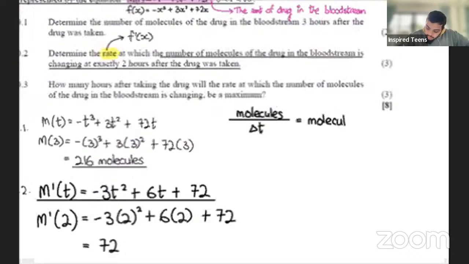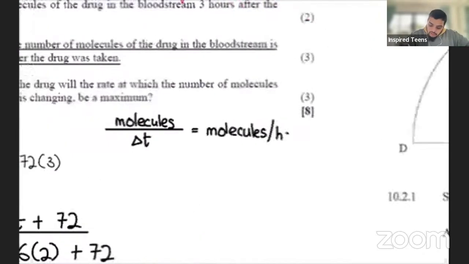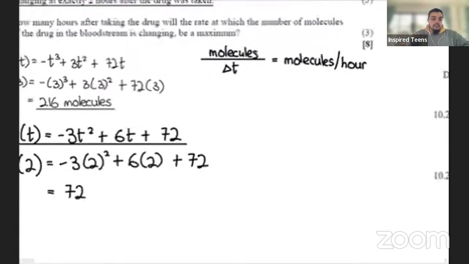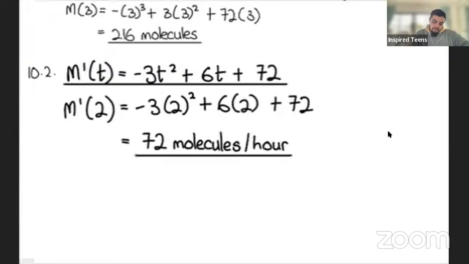What is our unit for time? It's t hours after the drug is taken. So it's molecules per hour. That's what the rate would be measured in. The sound is good, perfect. Because our time unit is hour, that's how we get that unit. So this would be 72 molecules per hour. That's how we get the unit of rate.